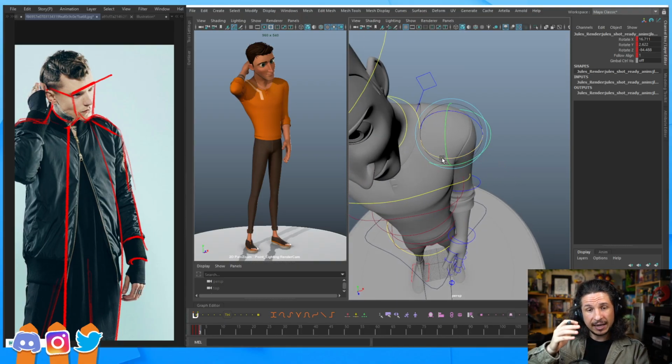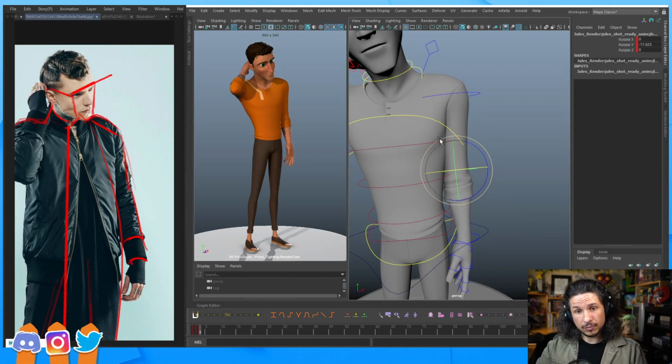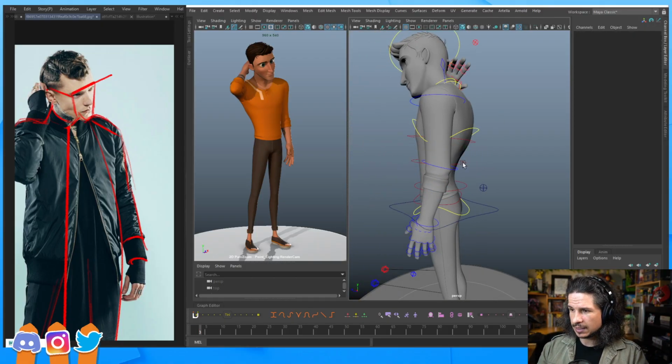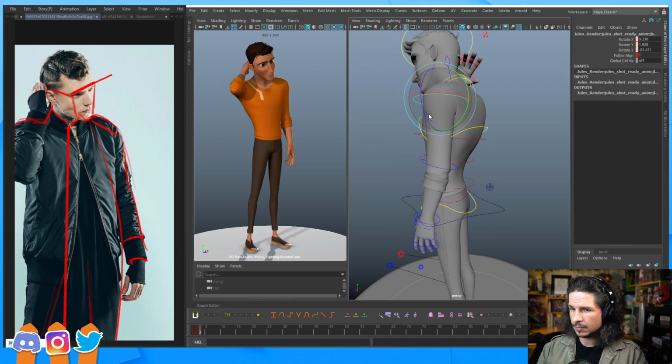His hand is moving in towards the center of his body. So I'm, again, watching for those little details, those little hints that tell me where things are lining up. So let's bring that elbow back down just a little bit and then tweak the arm here. Something like that.